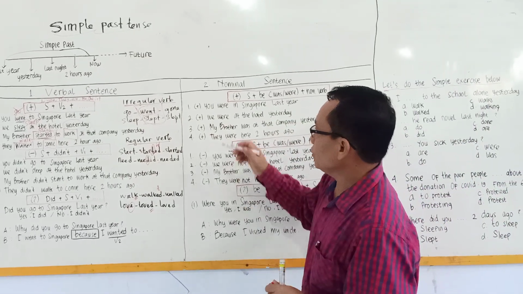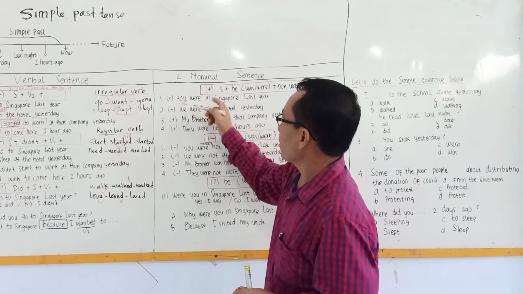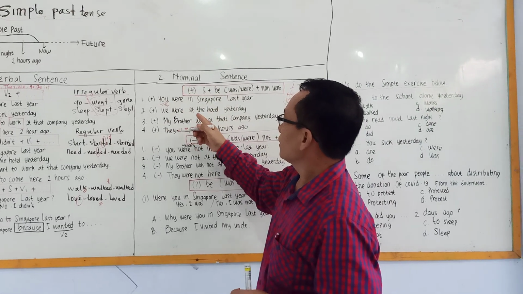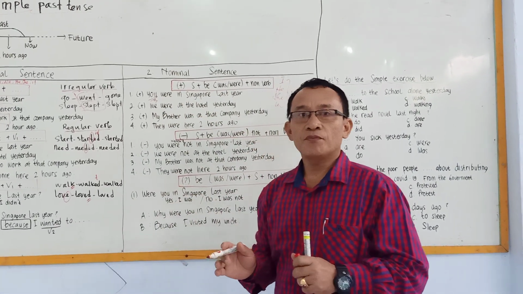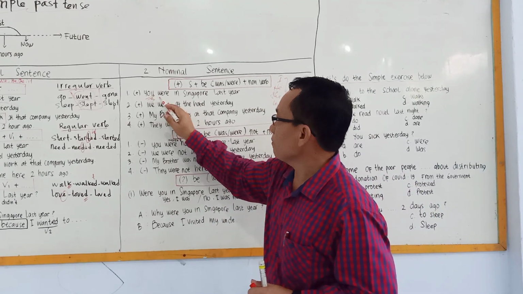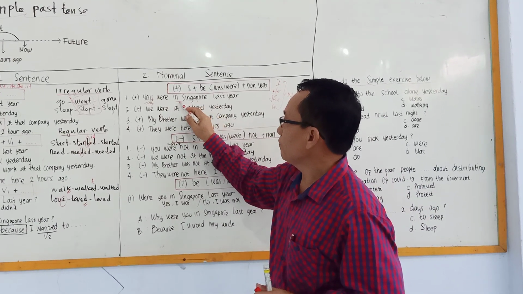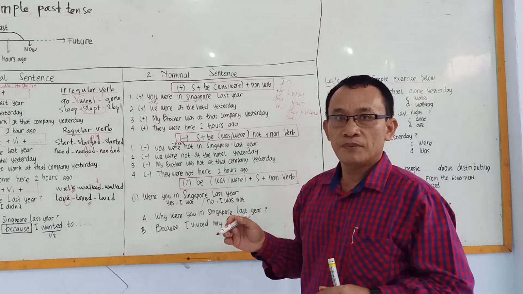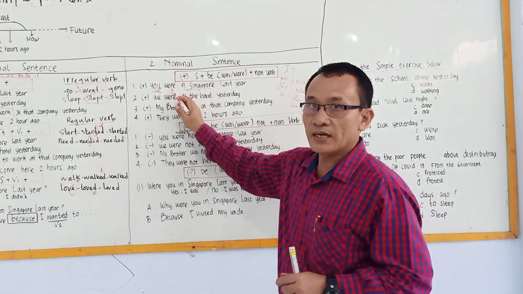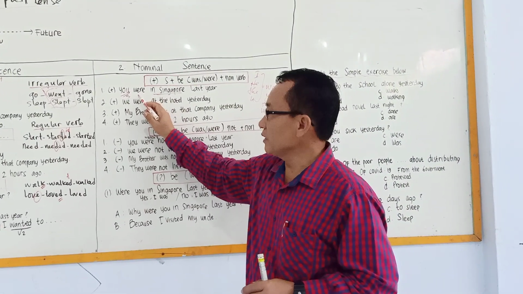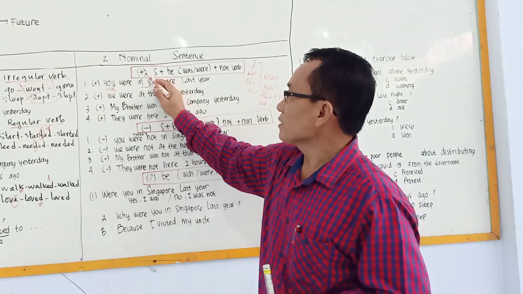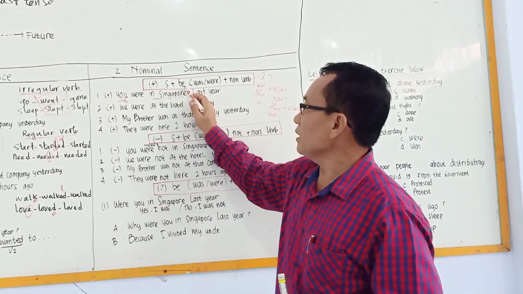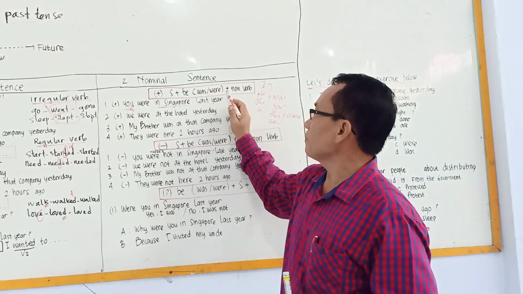So you, subject. Singapore is an adverb of place, because subject plus adverb of place, so you can use where. So it is called nominal sentence. You were in Singapore last year. So subject plus be, was or were, plus non-verb.